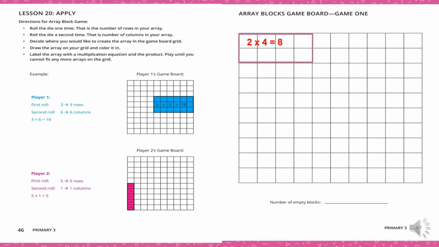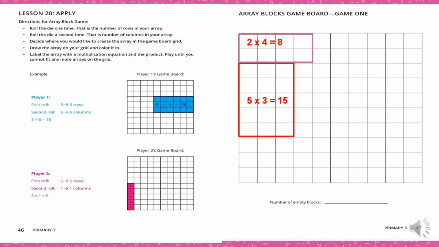The first array, 2 times 4, 2 rows and 4 columns. 2 times 4 equals 8. The second array, 5 times 3, 5 rows and 3 columns.